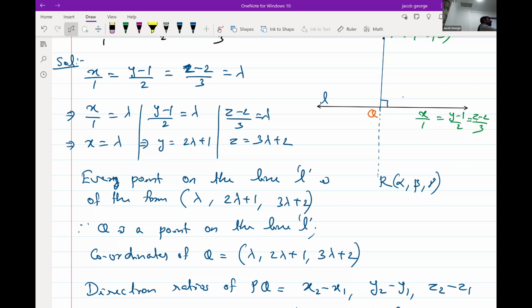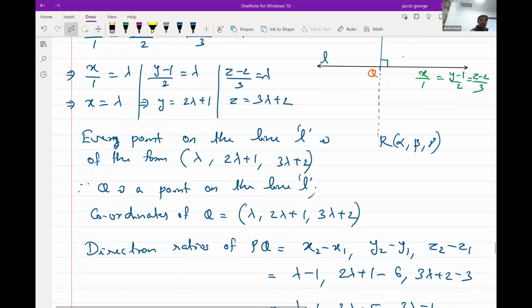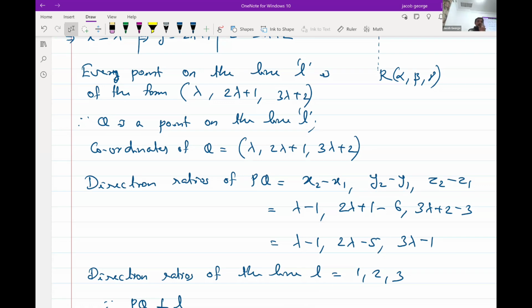If two points are there, direction ratios are found by subtracting the coordinates: X2 minus X1, Y2 minus Y1, then Z2 minus Z1. That is the next step. Direction ratios of PQ: by looking at P and Q, we subtract the X coordinate, the Y coordinate, and the Z coordinate.